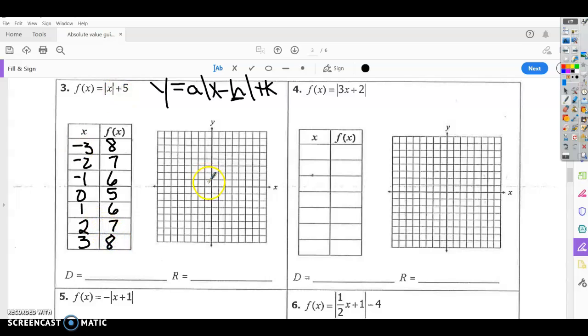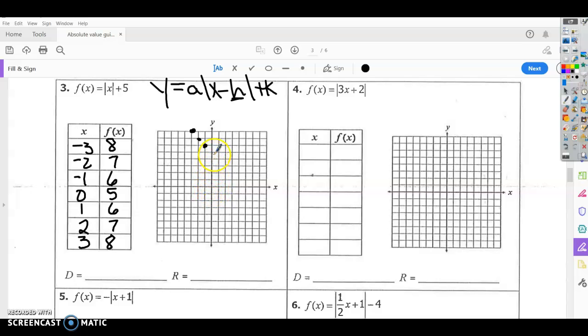So to graph that, I'm going to go 1, 2, 3, and up 1, 2, 3, 4, 5, 6, 7, 8. -2, -1, 6, and 0, 5.